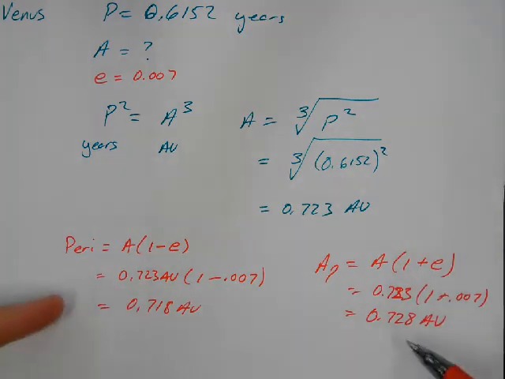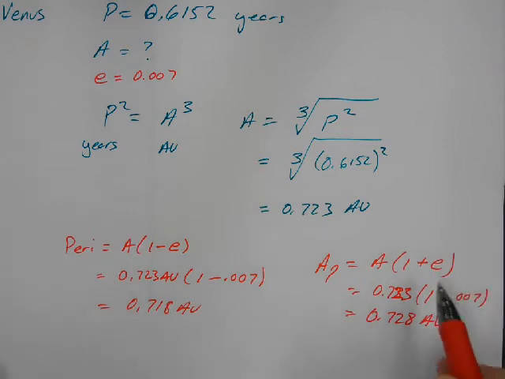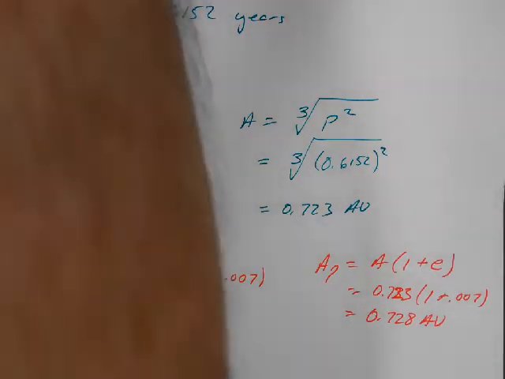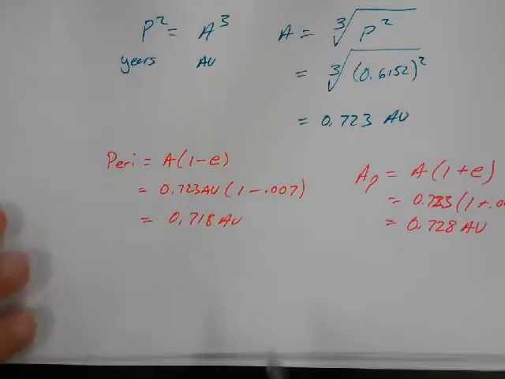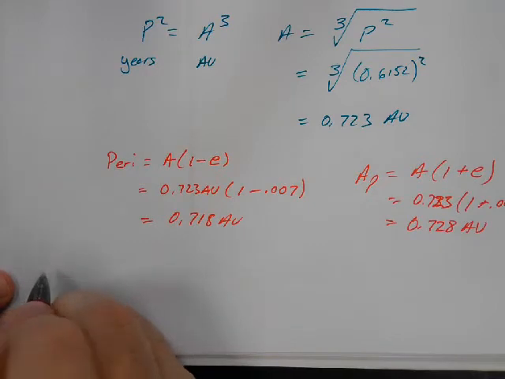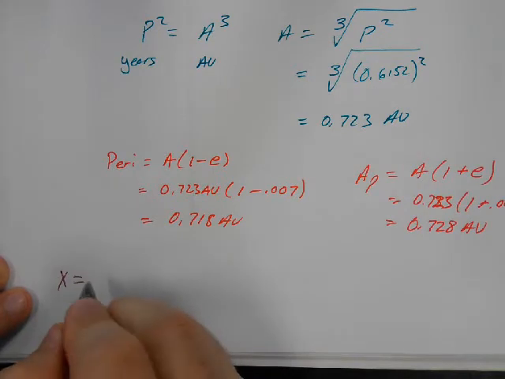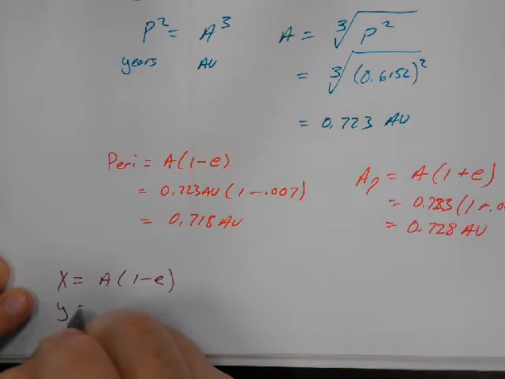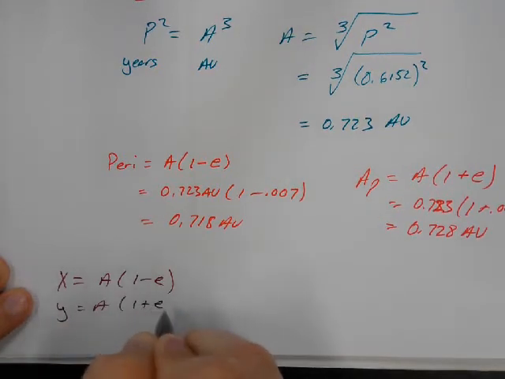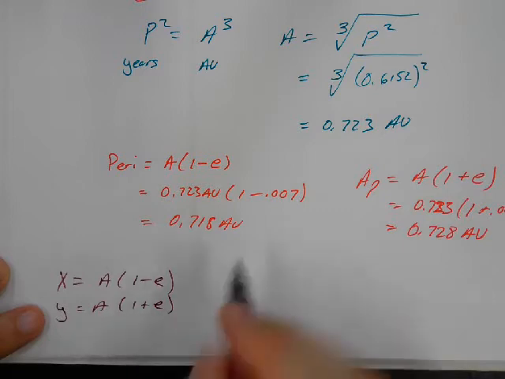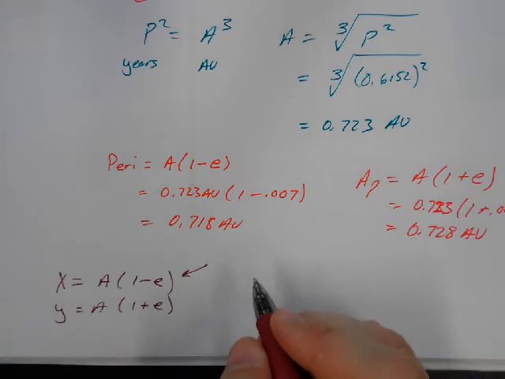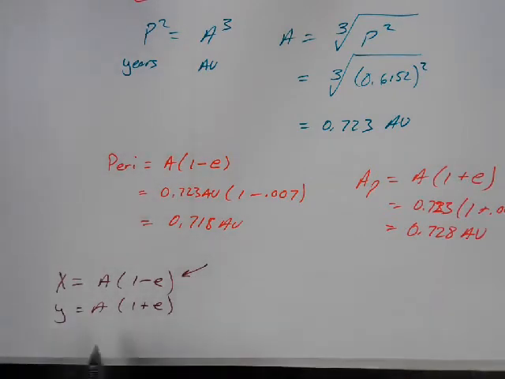Now, you could, in principle, invert this. You can ask, well, what is eccentricity in terms of these other things? And if you wanted to do that, I'm just going to lay out how to do it. You essentially have two equations. X is A times 1 minus E, and Y is A times 1 plus E. So you want to solve for E in terms of these things.